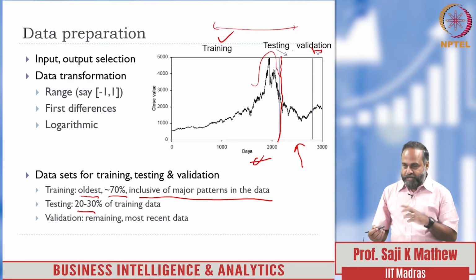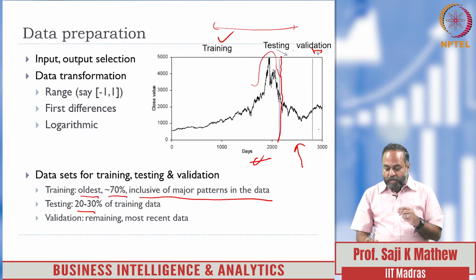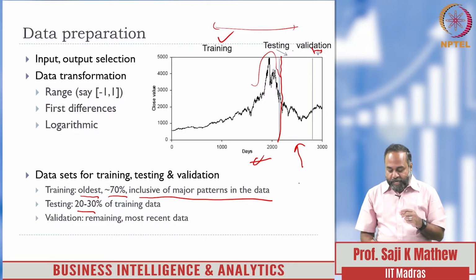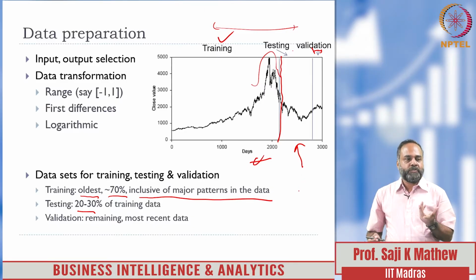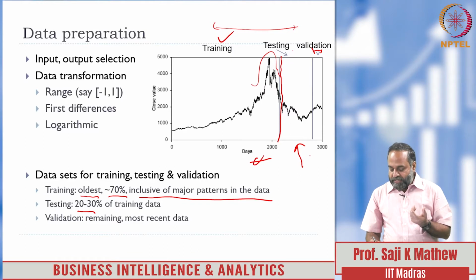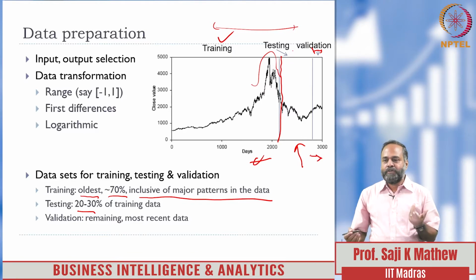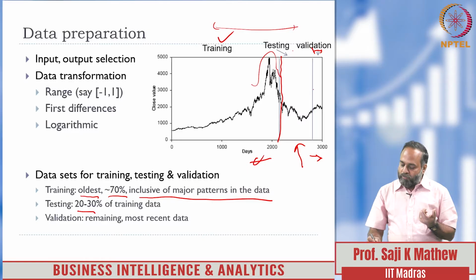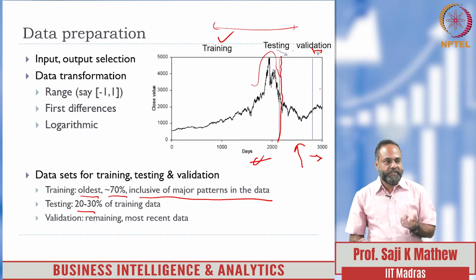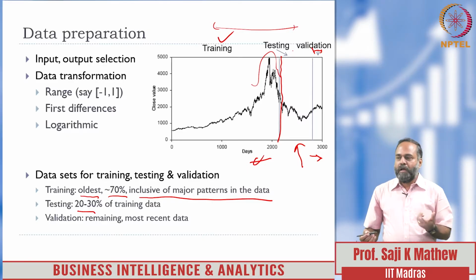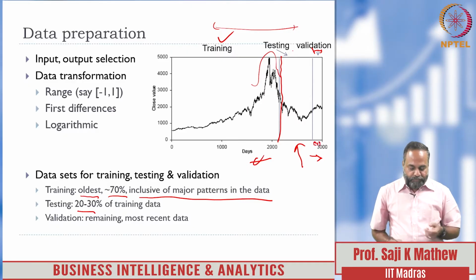The test data will give you the accuracies of each model, and you will finally select the most accurate one as the final model, and then test it once again using the validation data and report the prediction error with respect to a very recent set of data. That is the approach.